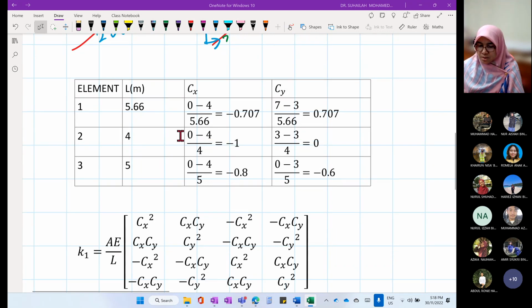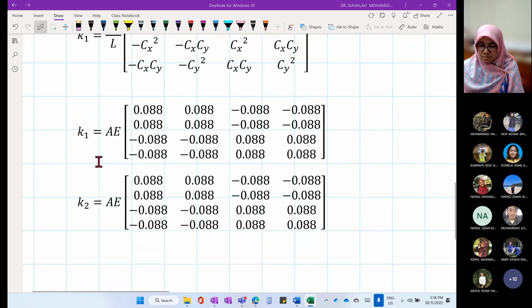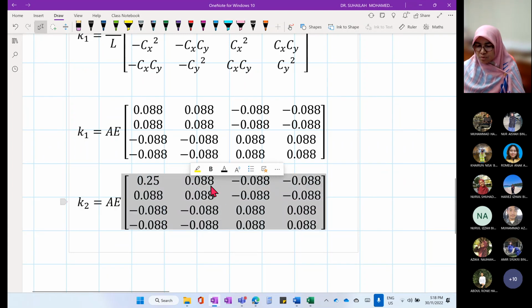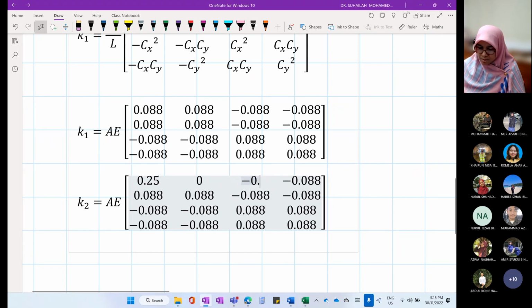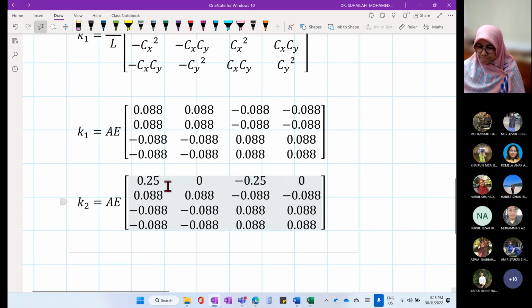So it is 1 square divided by 4. 1 square divided by 4, so we get 0.25. Anything paired with CY will be 0.